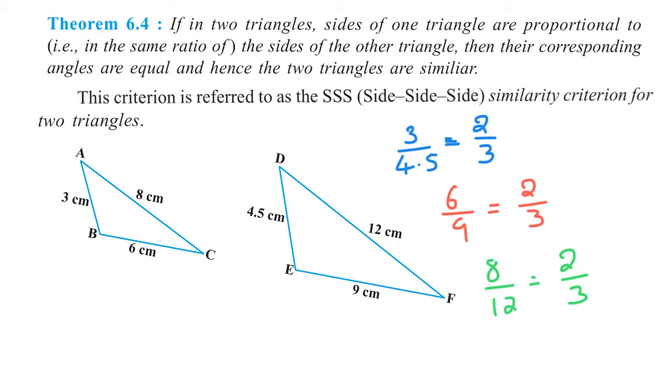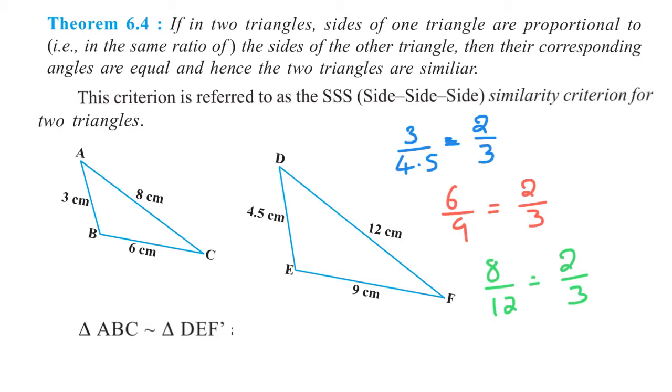Do you see the ratio of the corresponding sides is the same throughout? So therefore we can say that the two triangles are similar. So triangle ABC is similar to triangle DEF. So this is the second criterion.